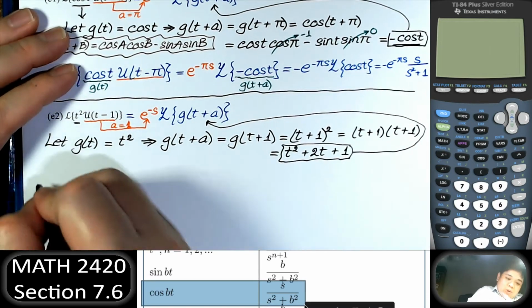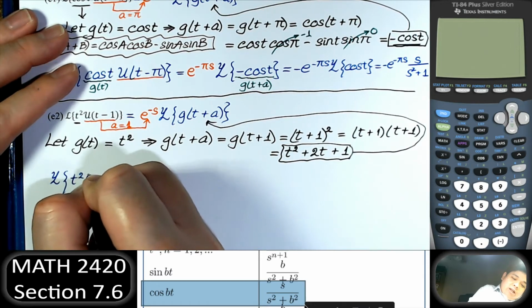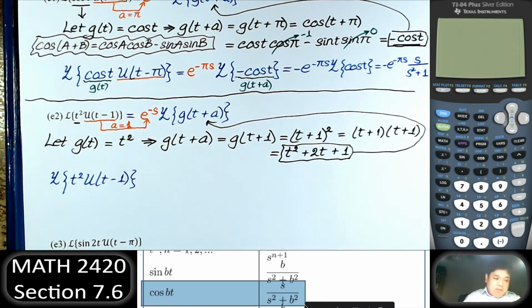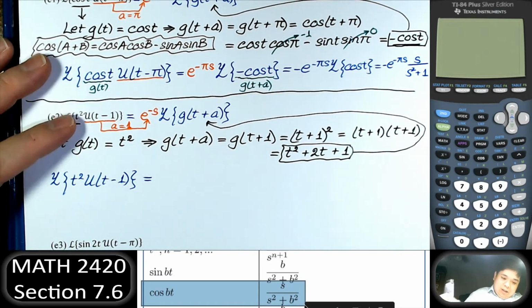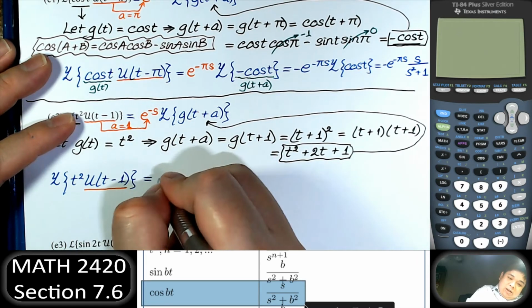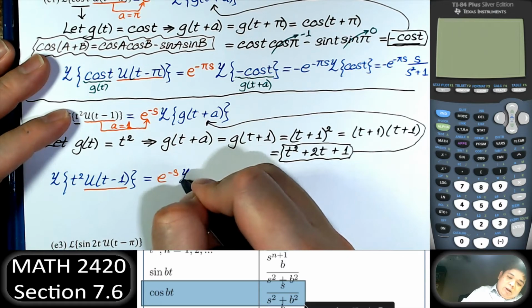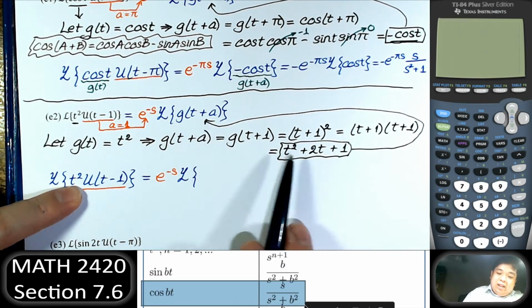Right, so to recap, Laplace transform of t squared u of t minus 1 is equal to, u of t minus 1 becomes e to negative s, and then Laplace transform of g of t plus a, that.